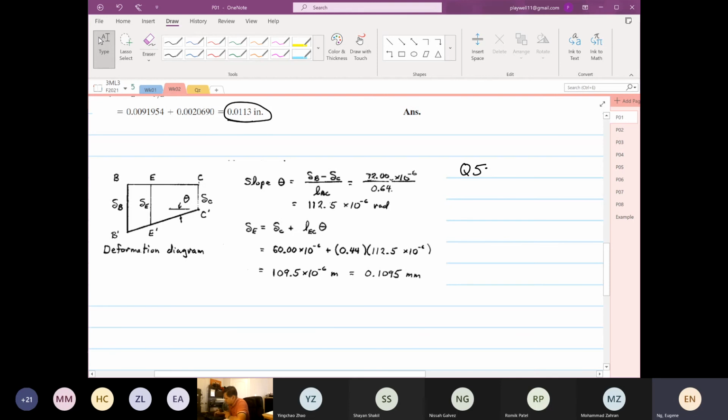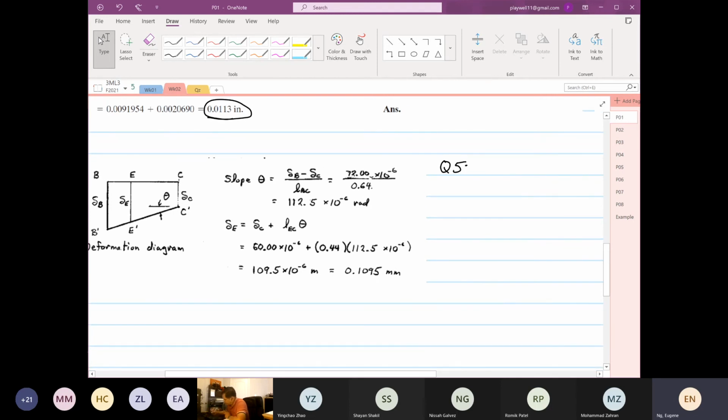What we can see now is we make an assumption. We assume member BEC to be rigid.